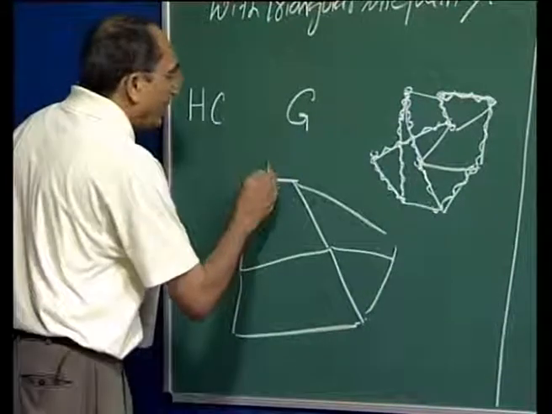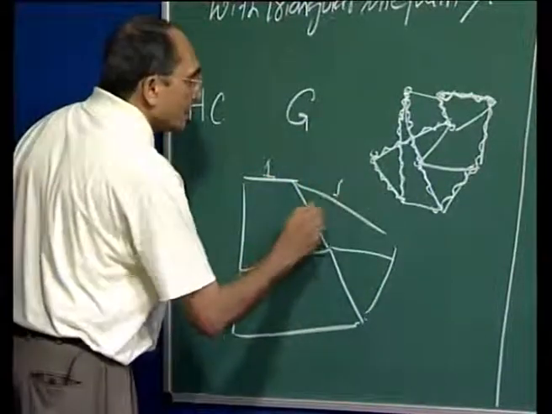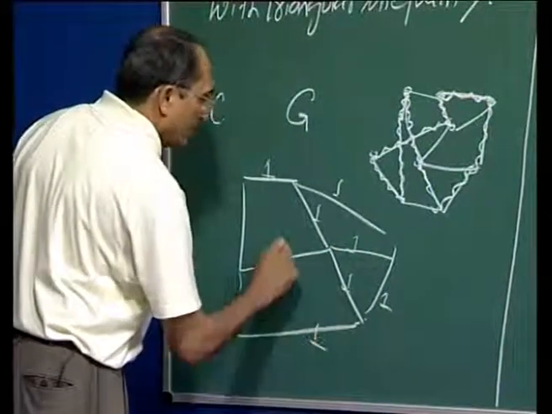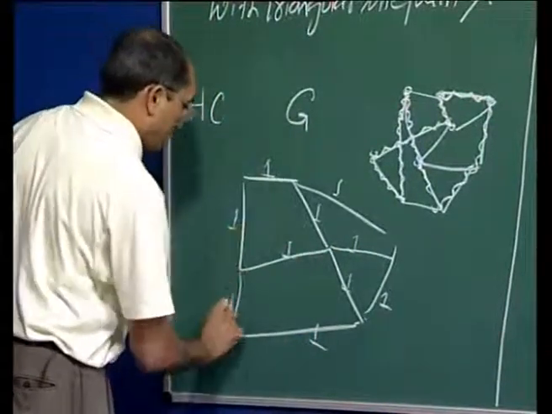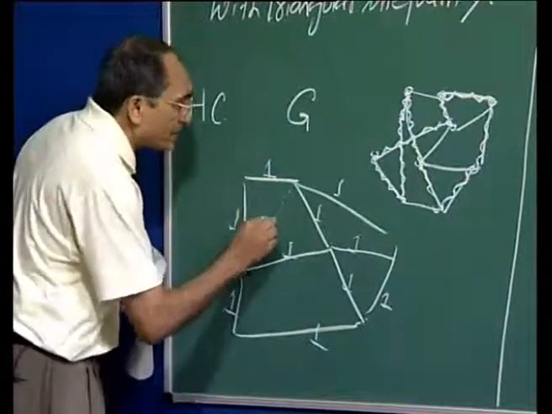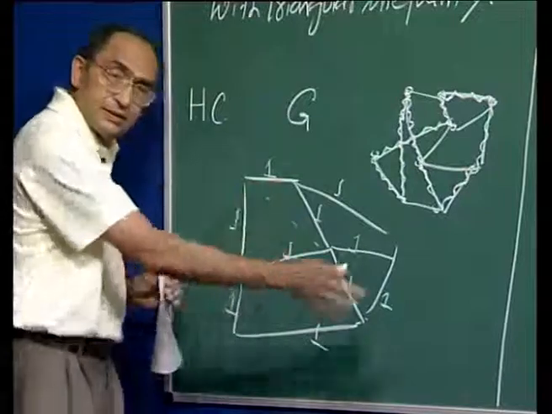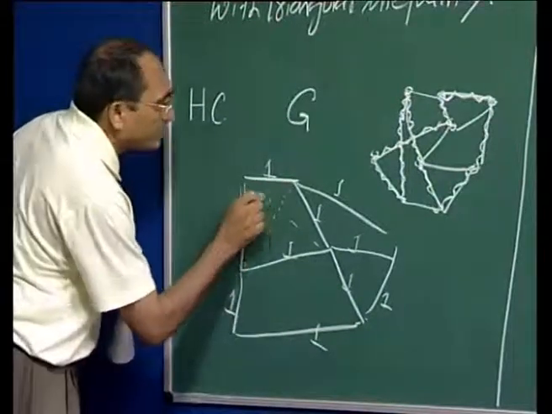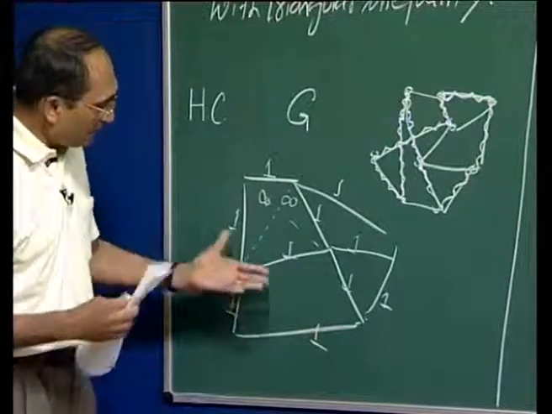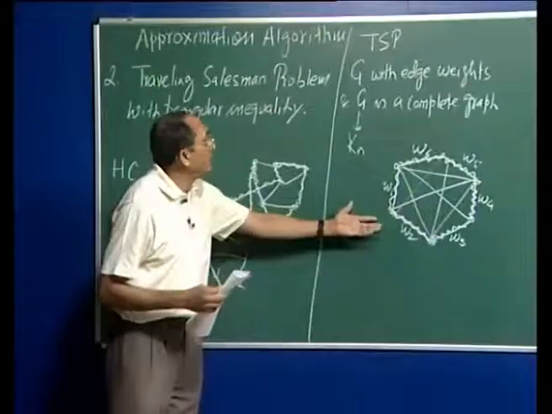I can put a weight of 1 unit on these edges. And then I add edges which are not present, and put infinite weight on those. Now, this is an instance of TSP.